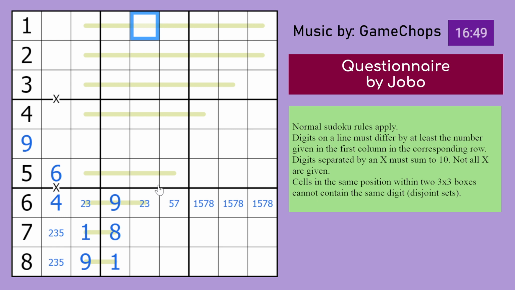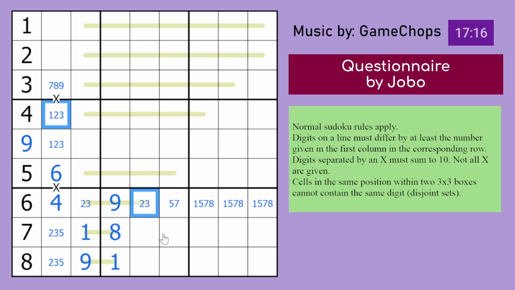Actually, I want to say that whatever this digit is, can't be in those cells, it must be in one of those cells. And same for 1 actually. So 1 can't be in those cells, and that must be one of those cells. So this cell has the 1 in it, but it also has whatever this cell is, right? Because it isn't there, it must be here. So these cells are 1, 2, and 3. Therefore this cell is either 7, 8, or 9.